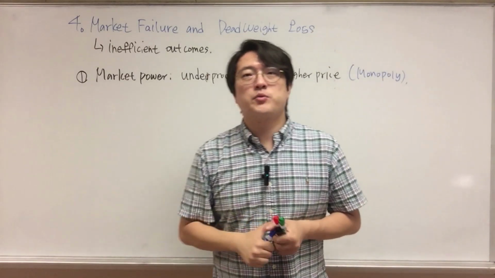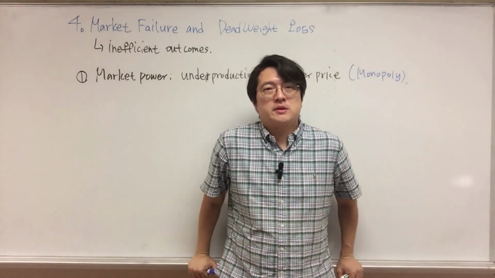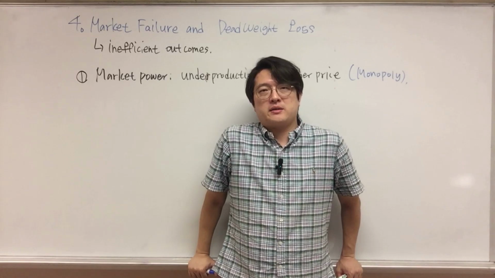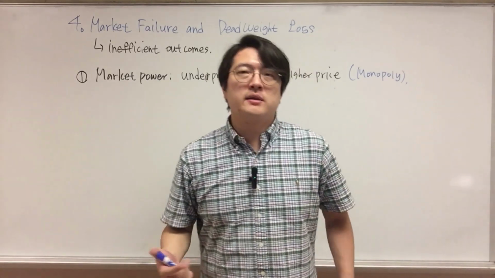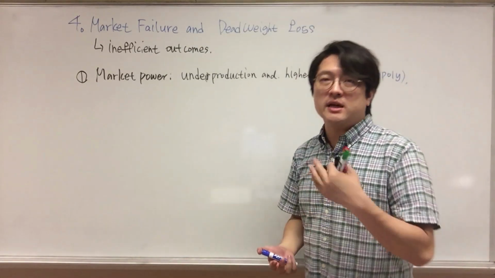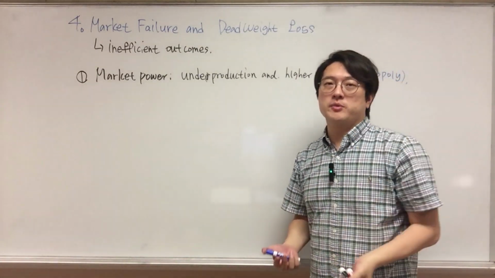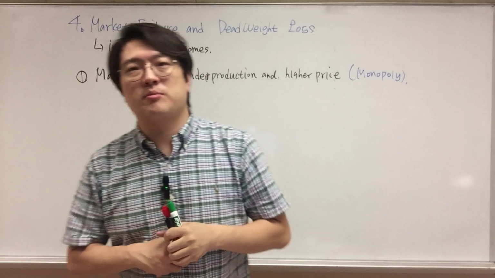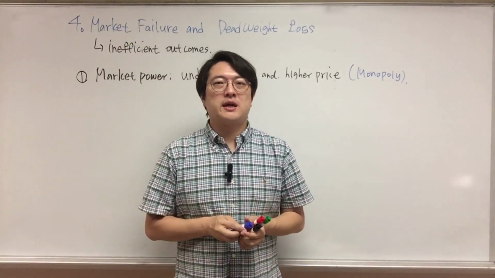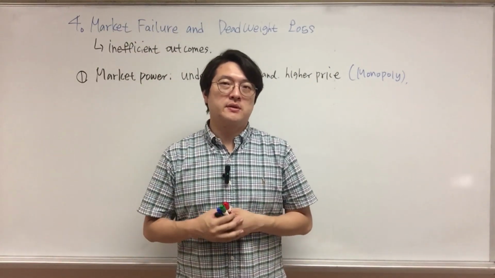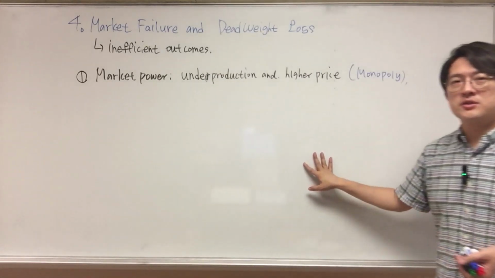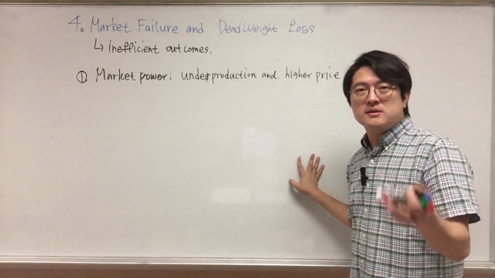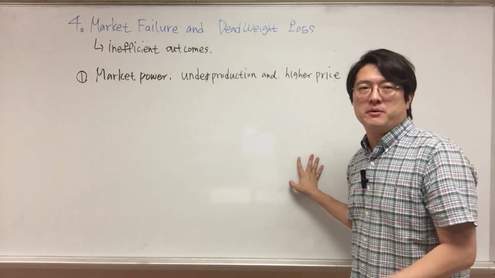So in this case, we have inefficient outcomes compared to the competitive market. Okay, so if we think about a competitive market, there are a lot of producers and consumers, so they cannot adjust the price. Because they are price takers, right? But in the case of a monopoly, they can adjust the price because of higher market power.